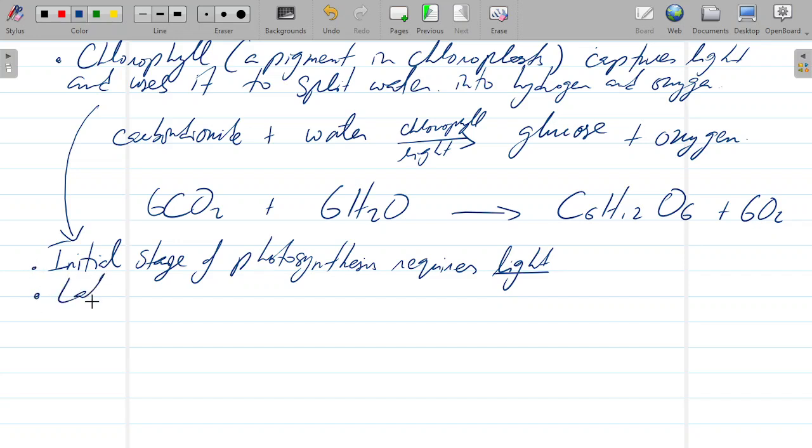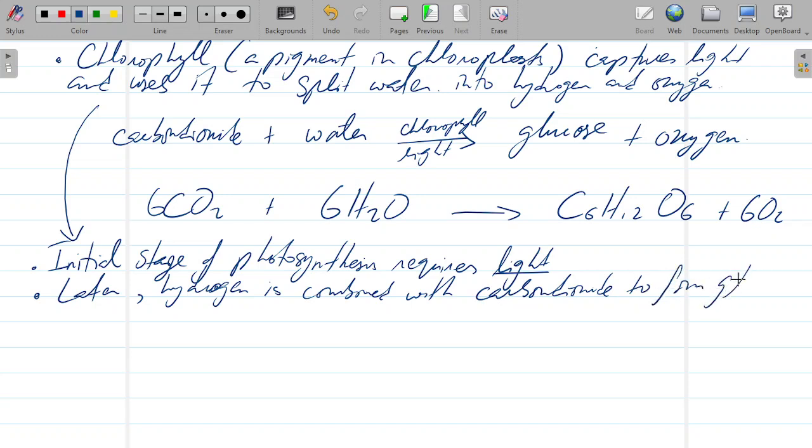And then later, right, the hydrogen is combined with carbon dioxide to form glucose, right? And so some oxygen from here as well, right? And so this stage does not require light.